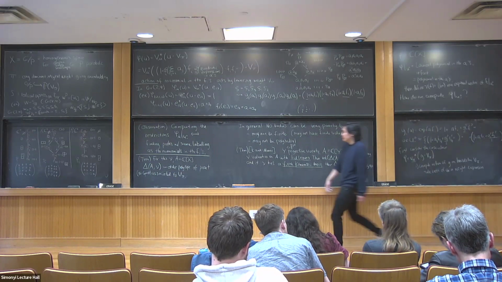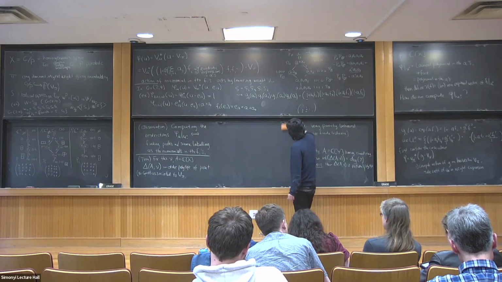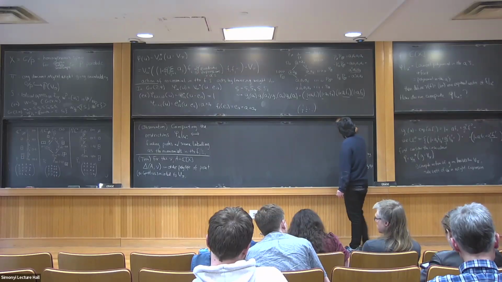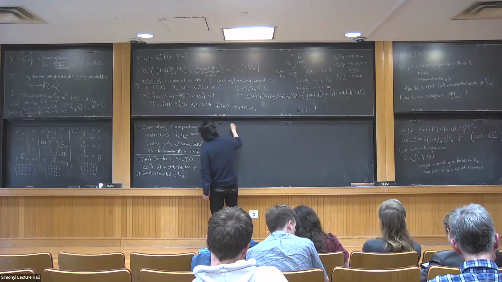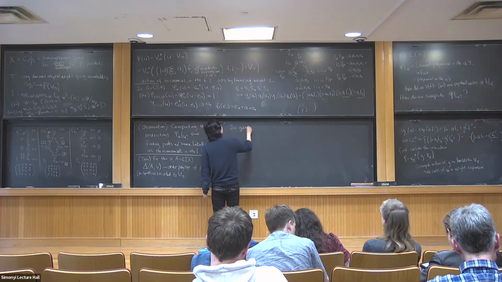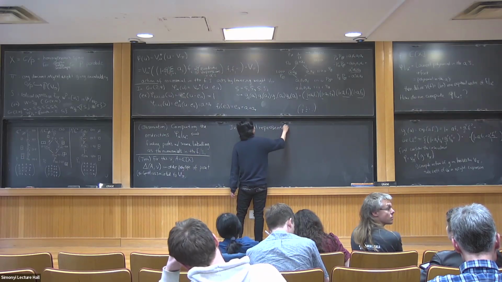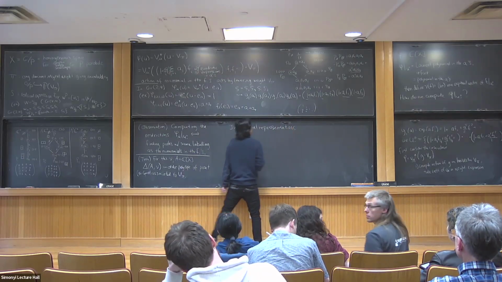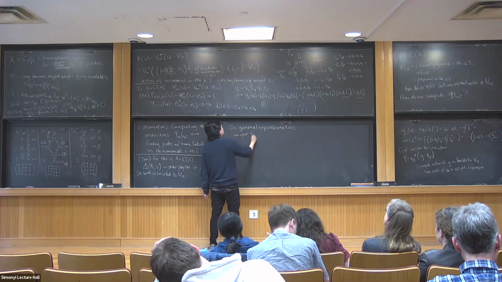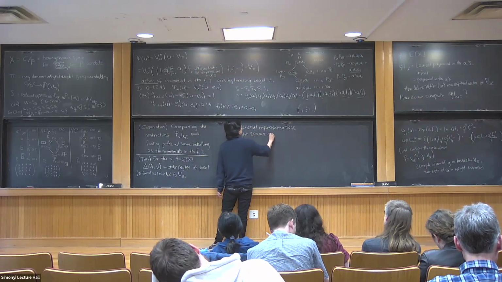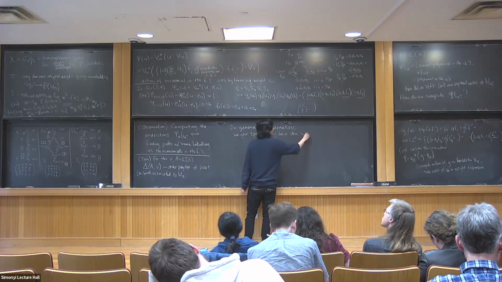So the reason for this is that in general weight spaces may have multiplicity and have dimension bigger than 1.